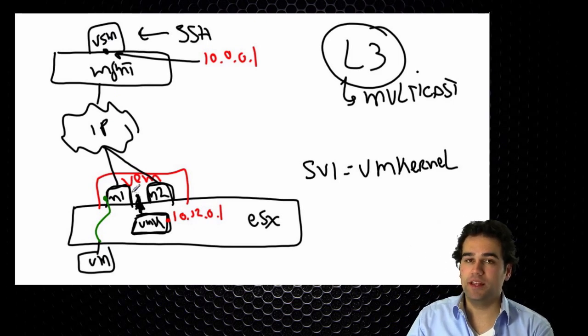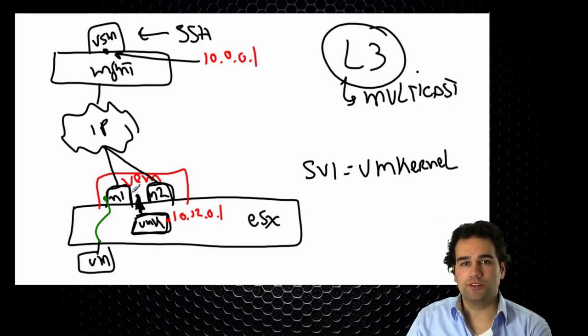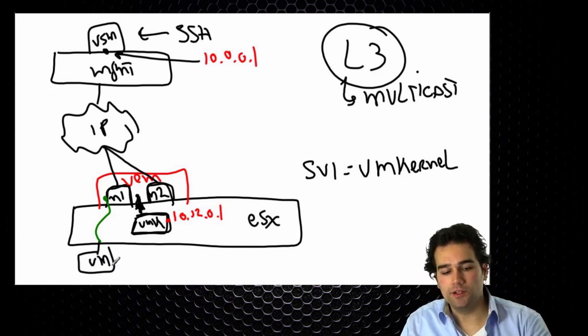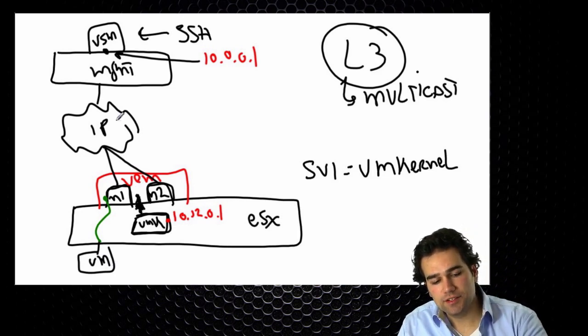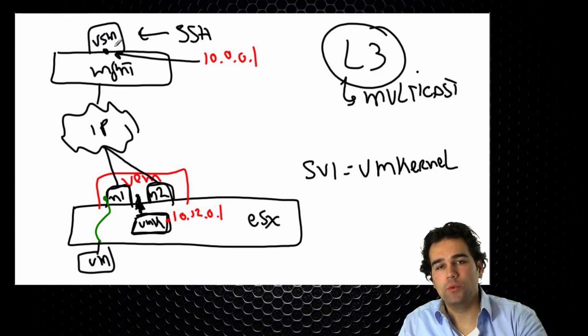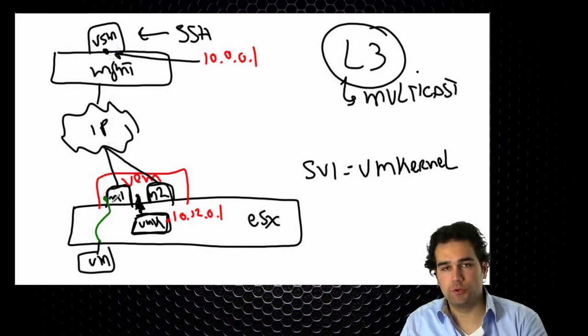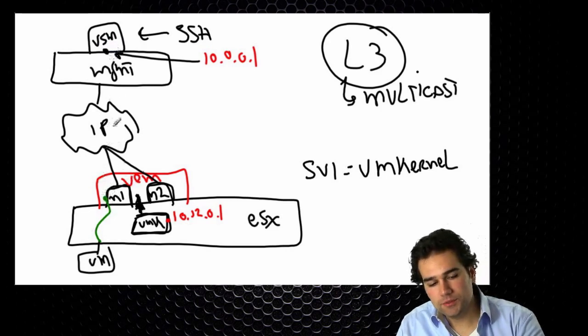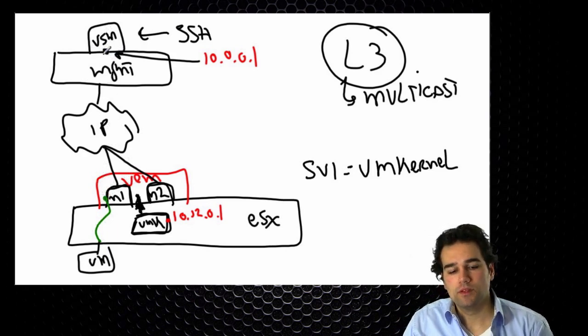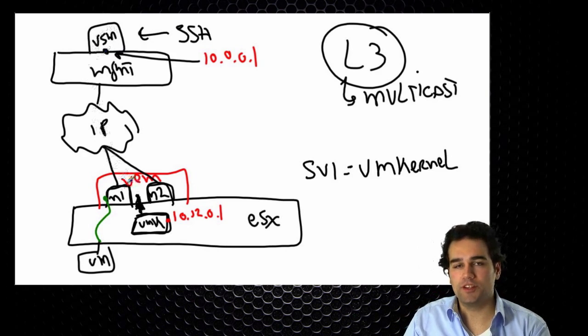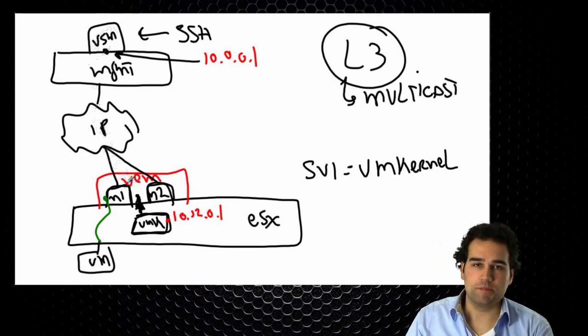Because it's a new VM, it does not have MAC addresses in its table, it does not know the configuration. The VSM knows the configuration. So when the VM is powered on, the VEM will ask the VSM, hey, what's the configuration for this particular port profile? Because the VM will report its port profile. The VSM will report back what the configuration for the port is, register the MAC address, and do all its magic.